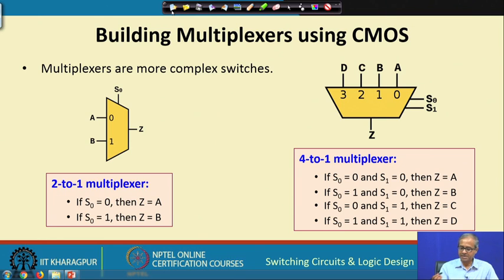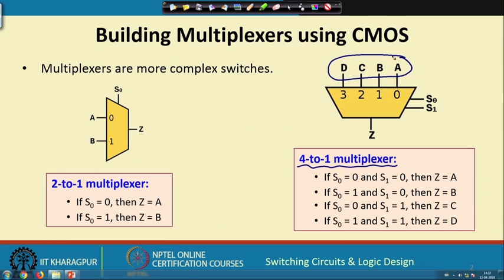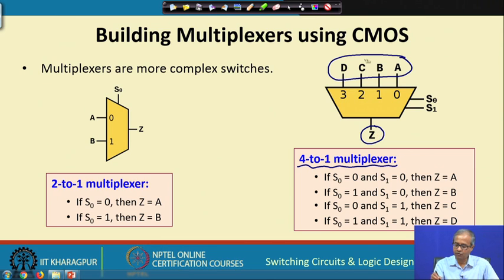Now, this concept can be extended. For example, we can have a 4 to 1 multiplexer, where we have 4 inputs, let us say A, B, C and D, and an output Z. This is like a 4-way switch. I am connecting one of these 4 inputs A, B, C and D to the output. To select one of 4 things, I would clearly require 2 select lines, because with one select line I had only the combinations 0 and 1, 2 possibilities.